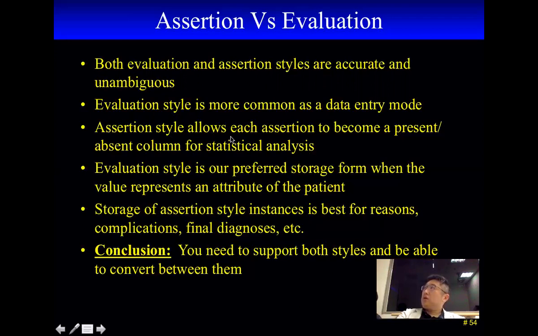With the assertion style, you can use present and absent columns, then you can do the statistical analysis. And the evaluation style is preferred for storage. When you want to store data, the evaluation style is better.